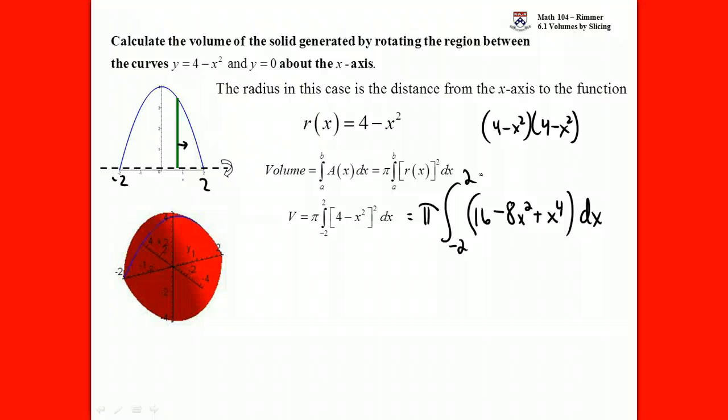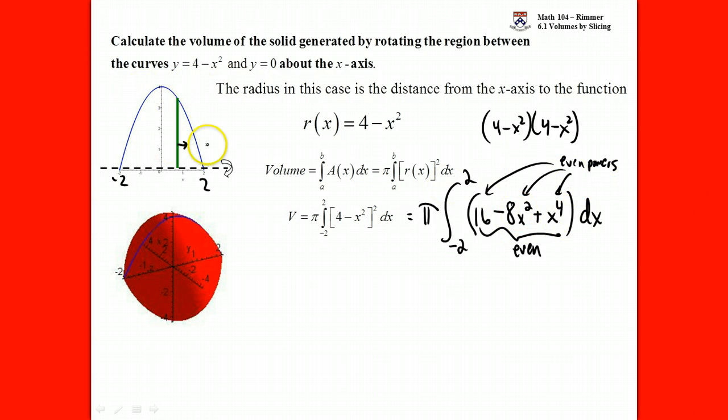So be on the lookout for minus a to a. It's a gift. Not that you have to, but it's a gift. Take advantage of it when you can. It won't always be this, but here I have a function that is even. How can you just look at the polynomial and know that it's even? I have even powers and a constant. Even means it's symmetric with respect to the y-axis.